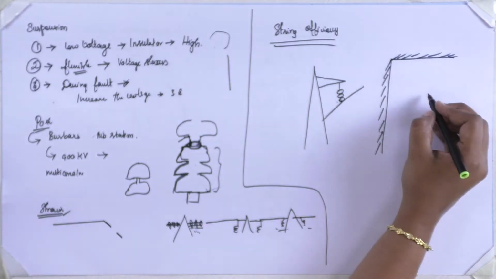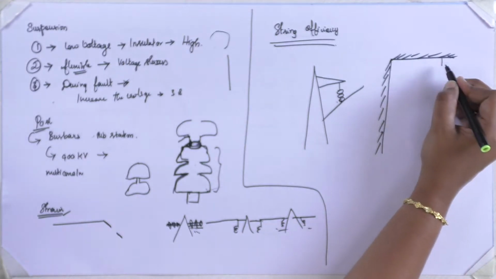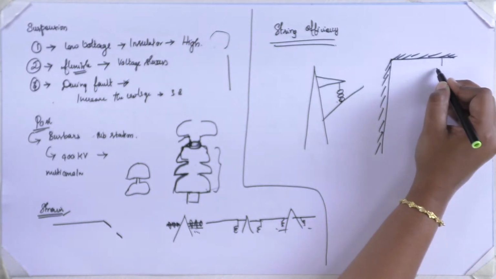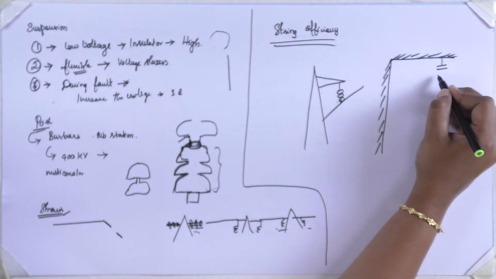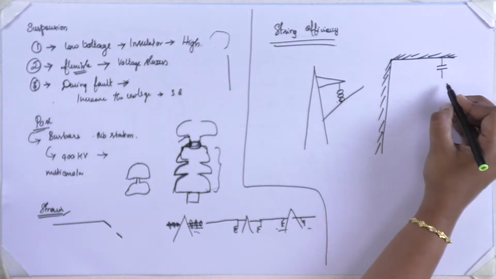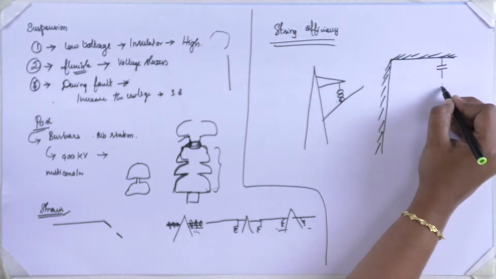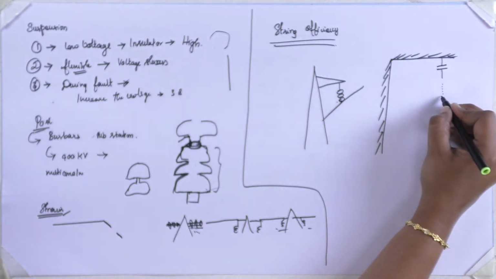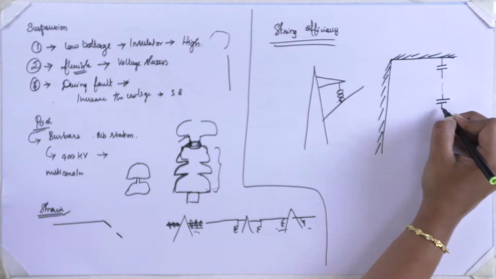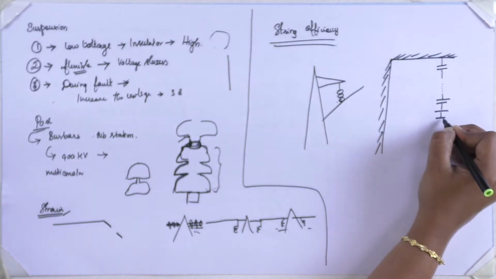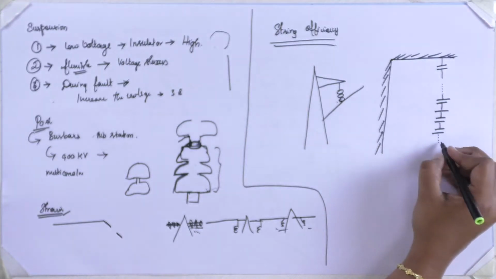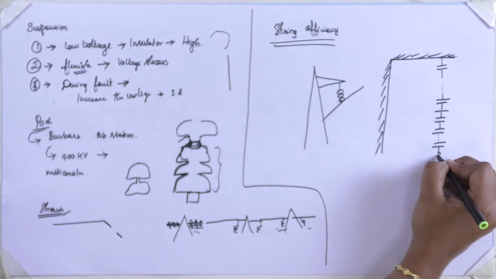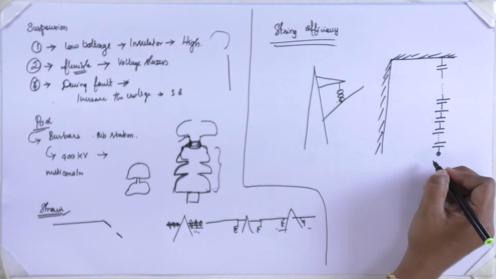As I have told you, I am considering each insulator as a capacitance. So here I have insulator number 1, and that keeps on increasing to insulator number n. Similarly n plus 1, and it goes on increasing till the end of the line.